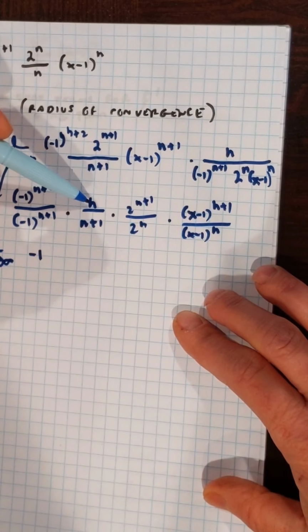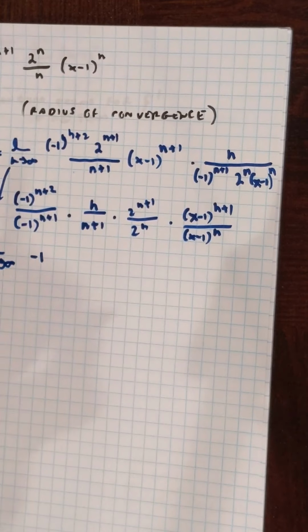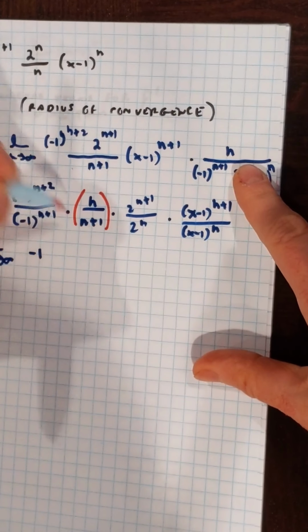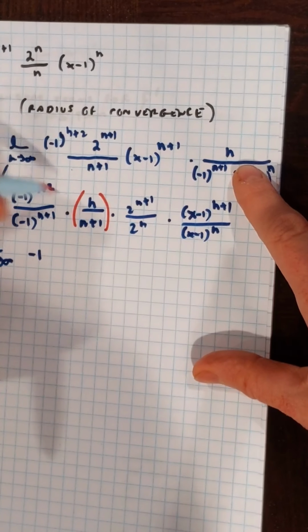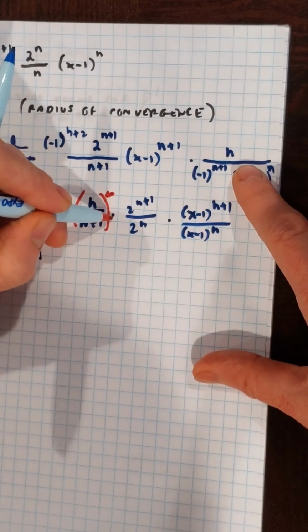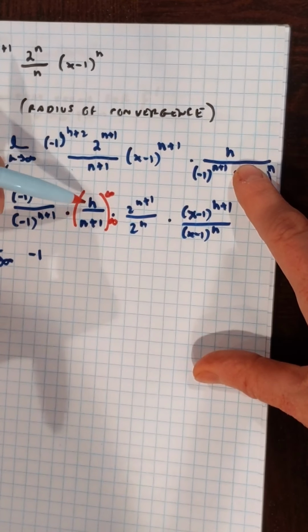Then I've got this guy. This piece right here is the only thing that's not going to reduce. So I'm actually going to do its limit. If I take the limit as n approaches infinity, I get infinity over infinity. Since it doesn't reduce, I can use L'Hopital's rule.